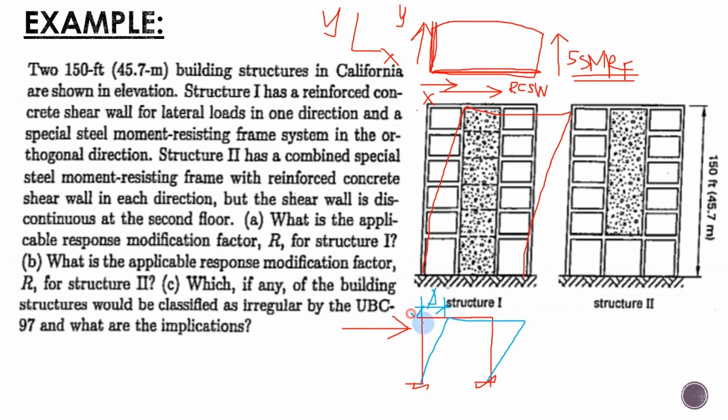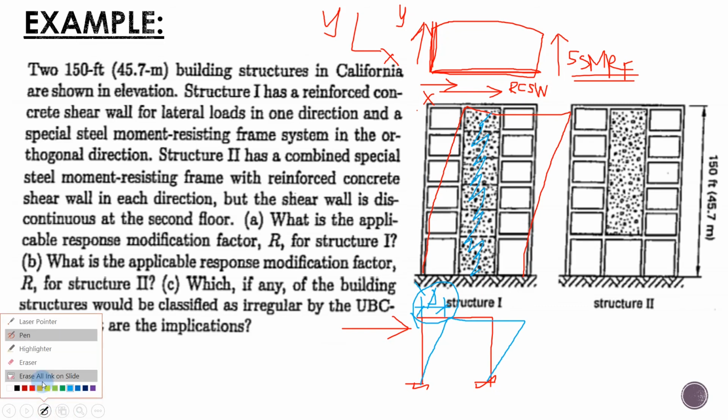The delta is large in the x axis, so the shear wall is placed there in order to lessen this drift. That is the possible tendency of the combined system.